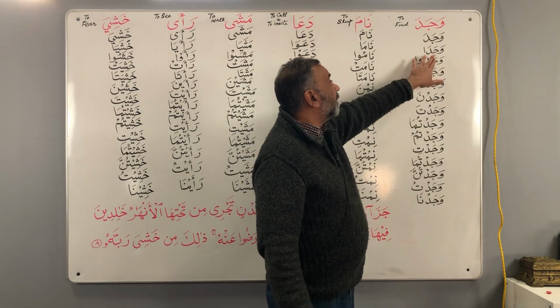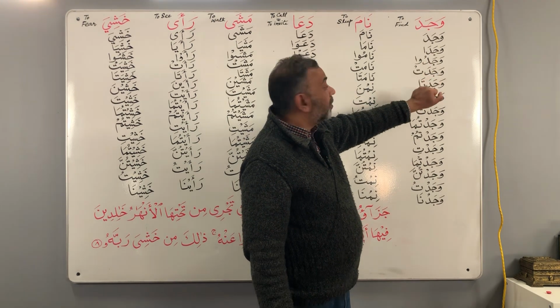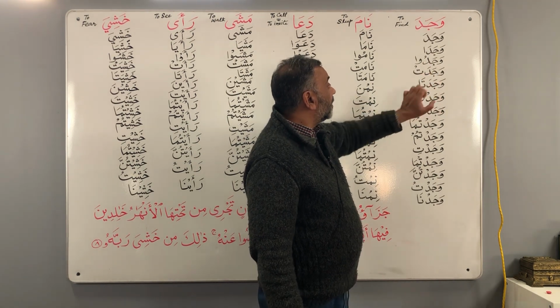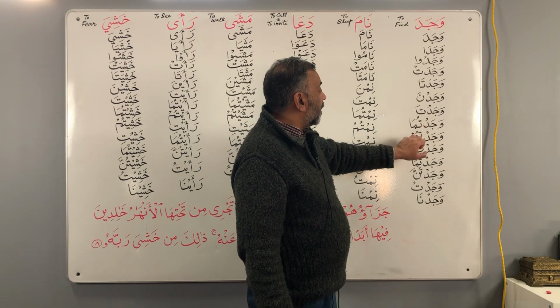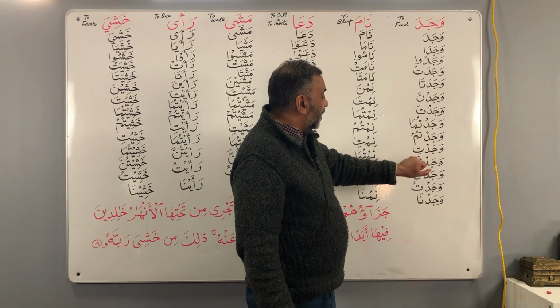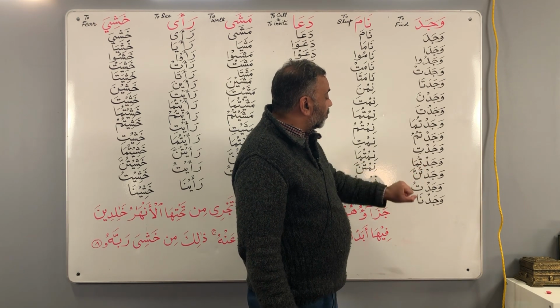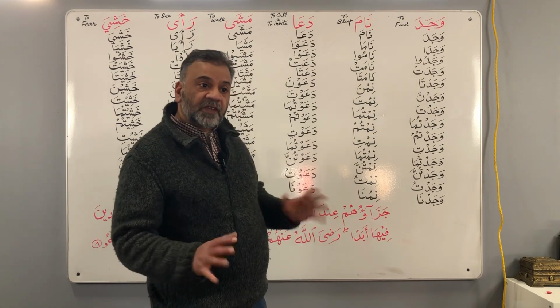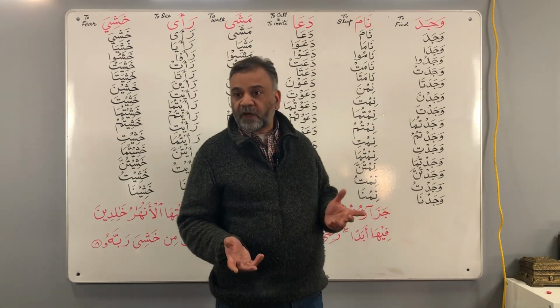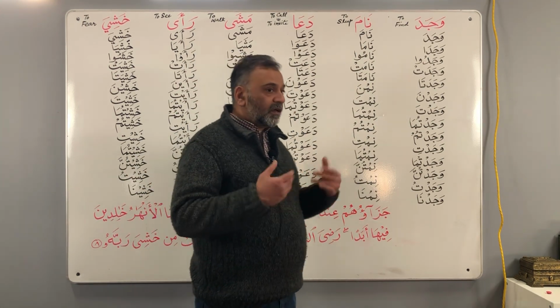Wajada, wajadu, wajadat, wajadata, wajadna, wajadta, wajadtuma, wajadtum, wajadti, wajadtunna, wajadtu, wajadna. We learned about the sakin pronoun and the mutaharrik pronoun concept, right.